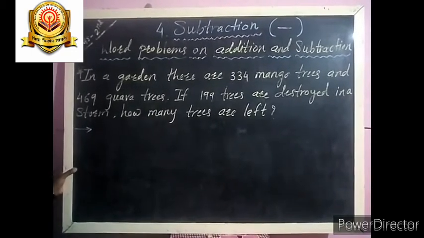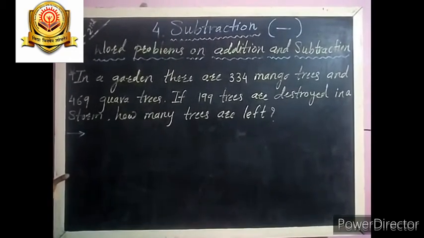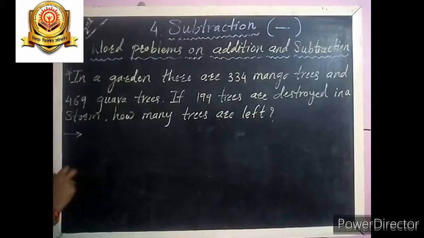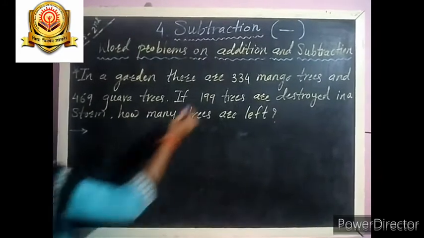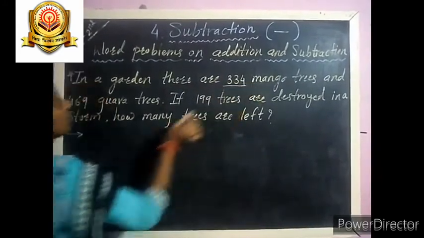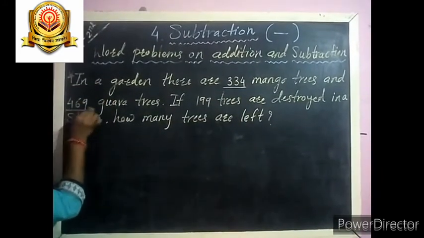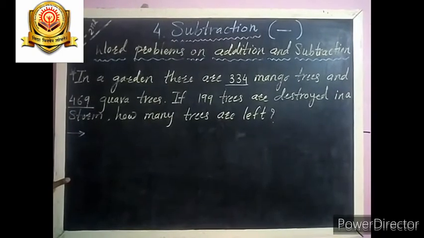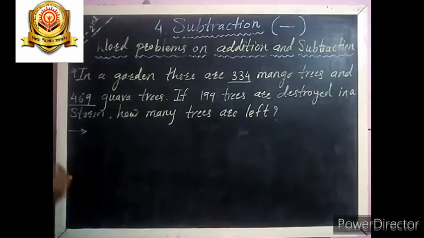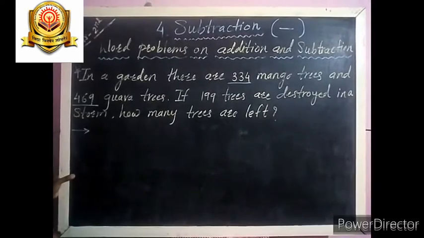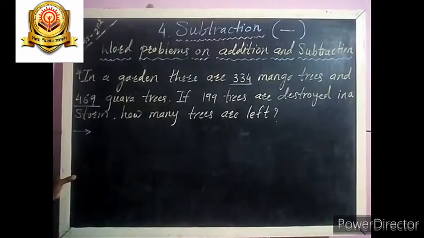Students, what is the meaning of this problem? In a garden, how many mango trees and how many guava trees are there? There are 334 mango trees and 469 guava trees. So students, firstly we have to find out the total number of trees. So we need to do addition.